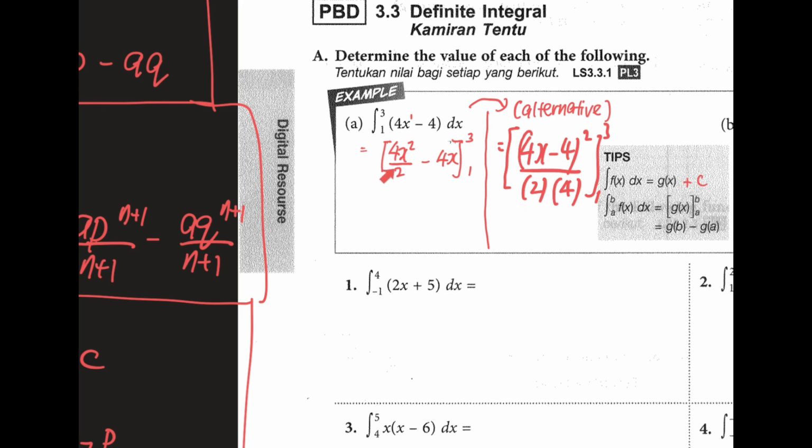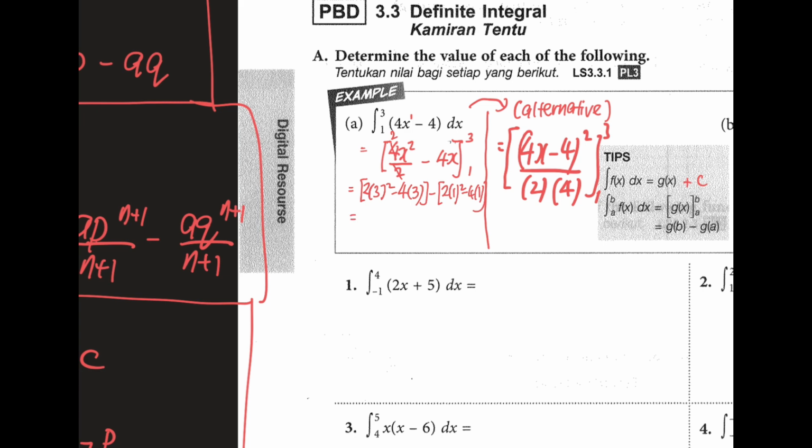Now we continue. We substitute the upper limit into x. So there are two places to substitute. So this is 2x squared minus 4x at the end. So it becomes 2 times 3 squared minus 4 times 3. Substitute 1 inside: 2 times 1 squared minus 4 times 1.